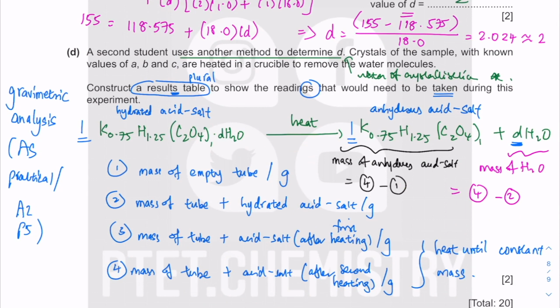So we don't really need to process the data. It's just about labeling what readings we need. And of course, I've just added a second heating, but the idea is heat until constant mass. You could have the third heating or the fourth heating, but it's strong heating, and you let it cool down, and then you would measure the mass.